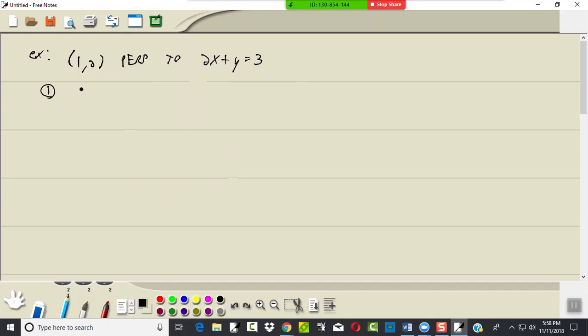Step 1, find m. First substep, take the given line and put it in slope-intercept form. Solve for y. So I'll take 2x over again. It becomes a negative 2x. Second substep is to identify the slope. It's whatever number's in front of our x. So slope is negative 2.